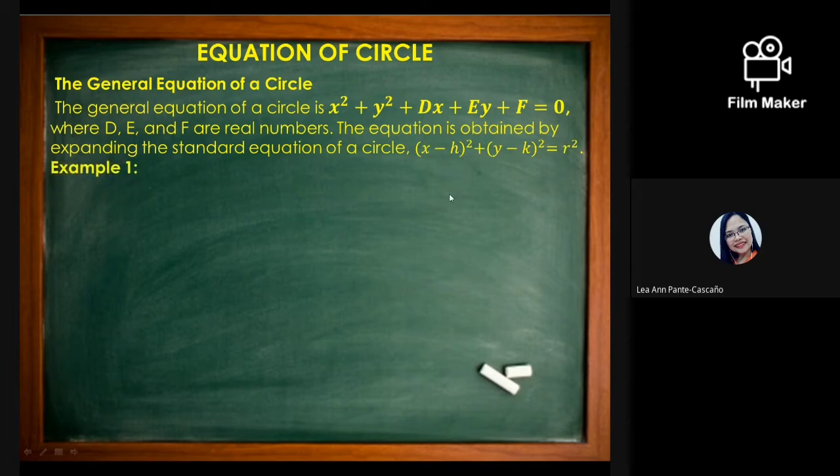Let's have example number 1. Kung meron daw po tayong standard form, x plus 5 squared plus y minus 7 squared equal to 100. Expand daw natin siya. Expand muna natin itong first binomial. So, para makuha yung expanded form of x plus 5 squared, square muna natin yung first term. So, square root of x is x squared. Then, para makuha yung middle term, kung ano yung sign ng ating binomial, yun din yung sign ng ating middle term.